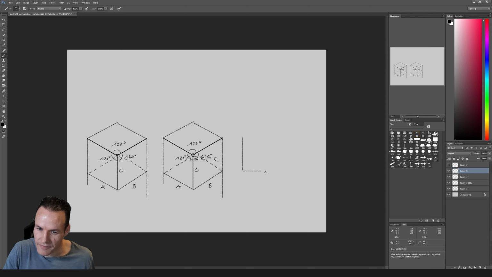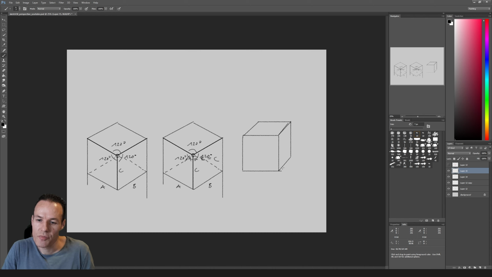What about, let's assume these are the same, right? Let's assume these are the same. So you have seen something like this. I am very sure of it.